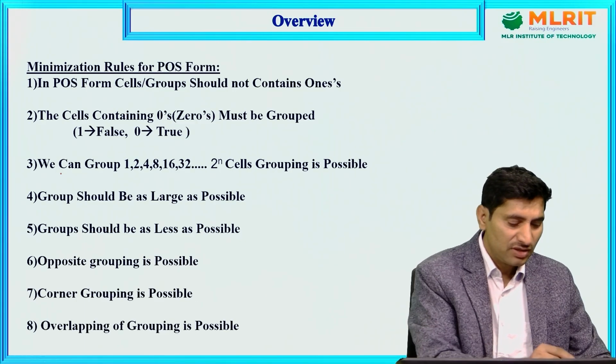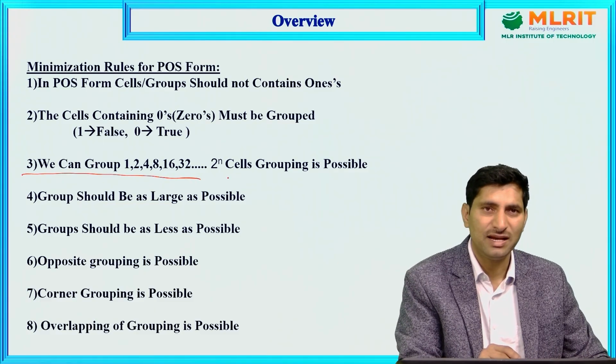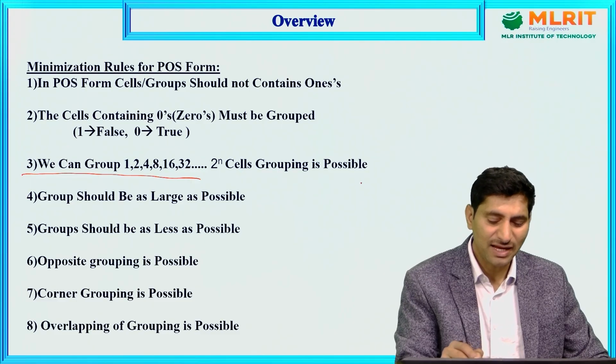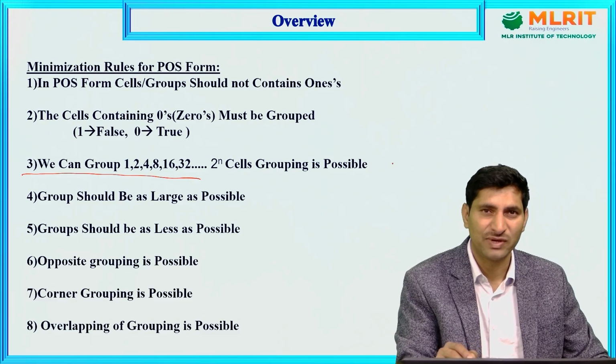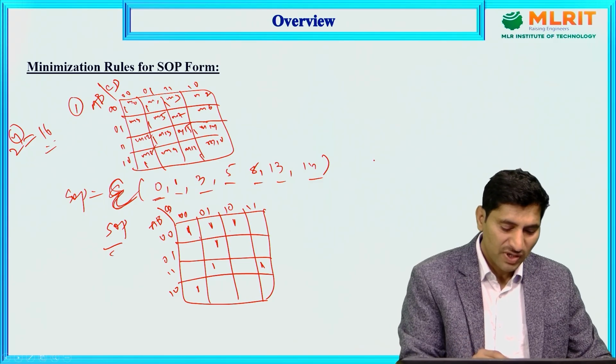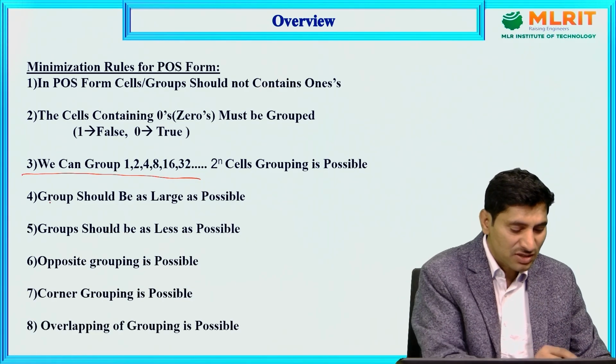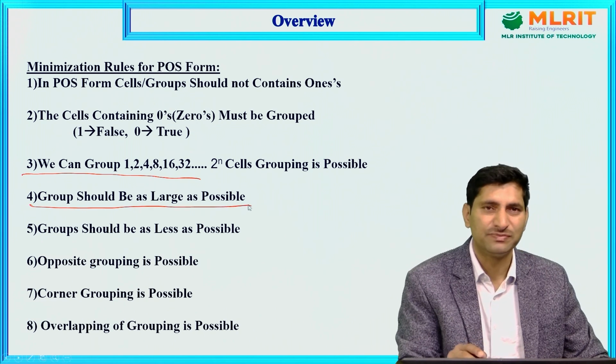Next, the third rule is we can group 1 cell, 2 cells, 4 cells, 8 cells, up to 2 power n cells. So what I mean to say is, we can group in powers of 2. Okay. While we are grouping, another rule is the group should be as large as possible.